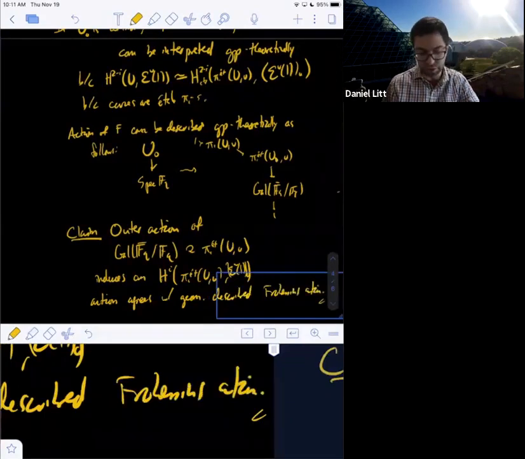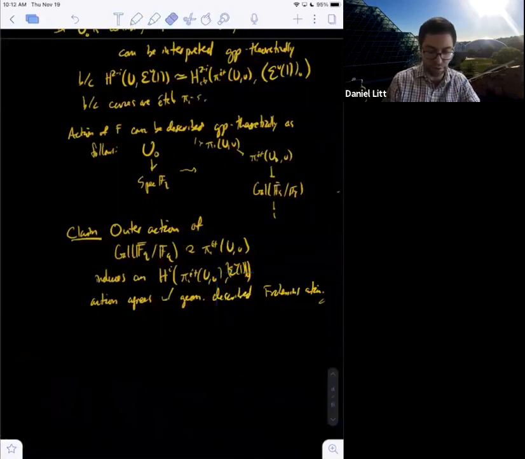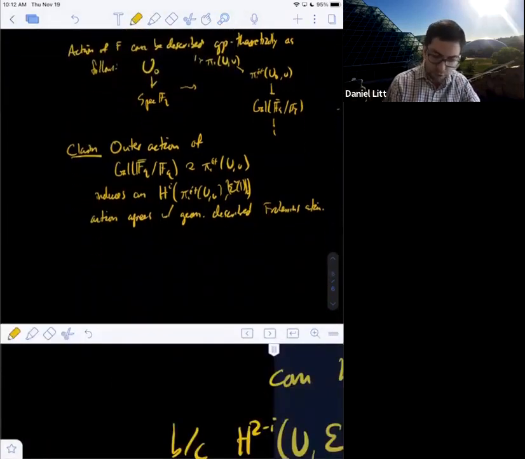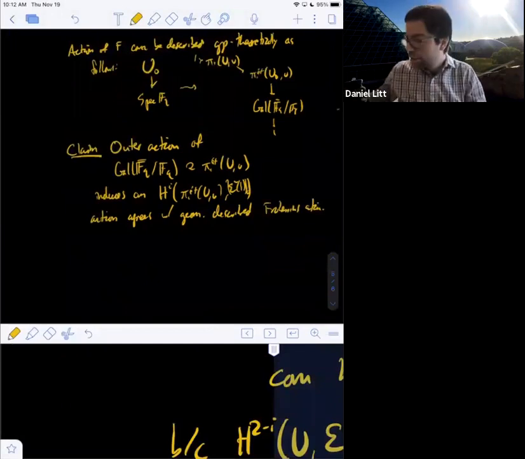So this is also a matter of unwinding definitions. So the actual input is this discussion of Frobenii from last time, namely that the relative Frobenius acts as an inverse to the arithmetically defined Frobenius. Okay. Are there any questions about this?